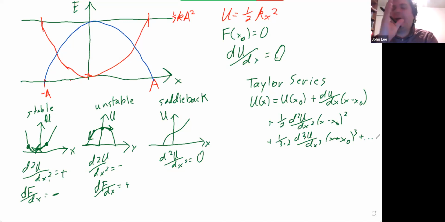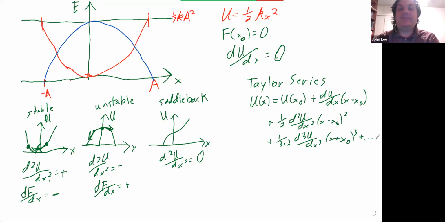You have some initial position, and then you have a series which depends on the distance from that initial position, x minus x naught, to higher degrees the farther out you go.